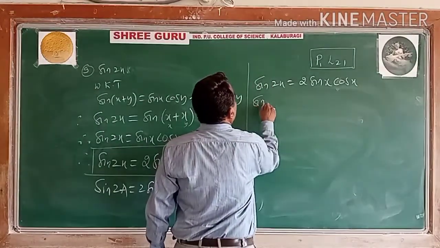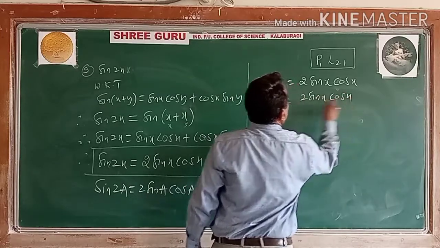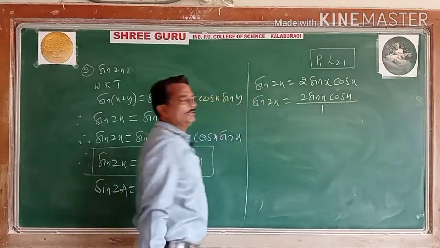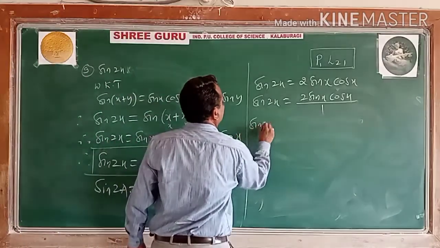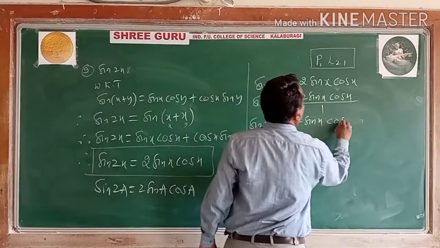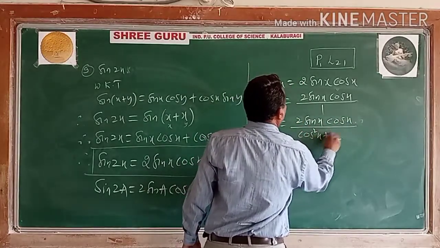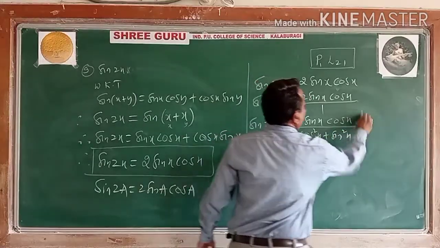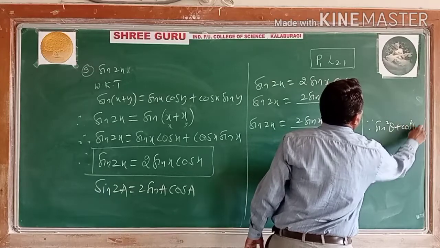Now let us see, students. 2 sin x, shall I write 1 in the denominator? What is 1? That identity: sin 2x equal to 2 sin x into cos x. I write 1 as cos square x plus sin square x, since sin square theta plus cos square theta is equal to 1.